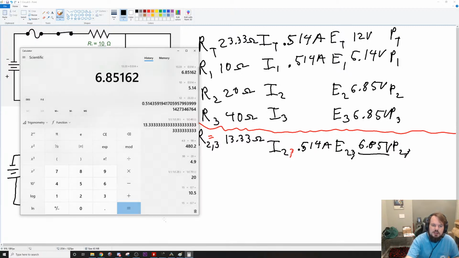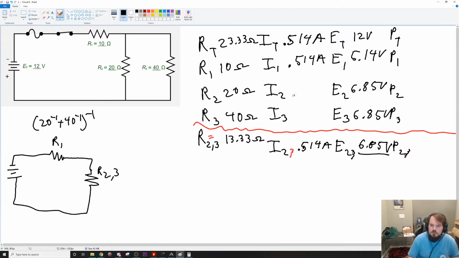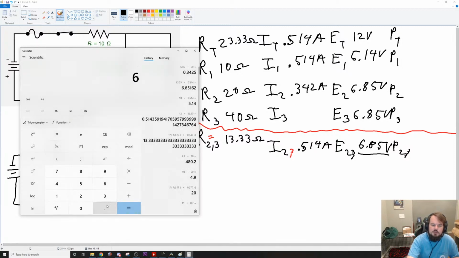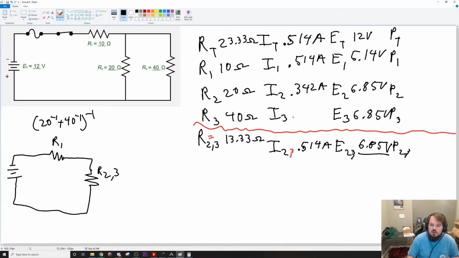So now we can take 6.85 and divide it by 20. 0.342. And then we can do the same thing with 40. 0.171.